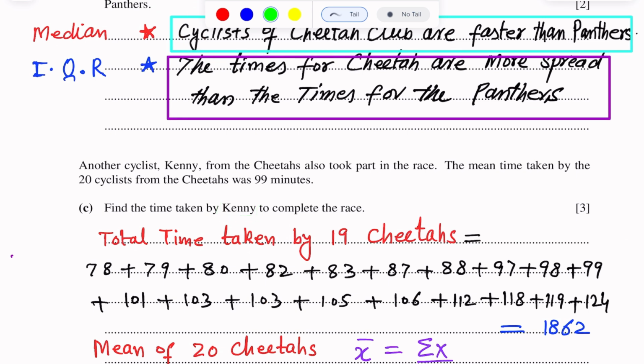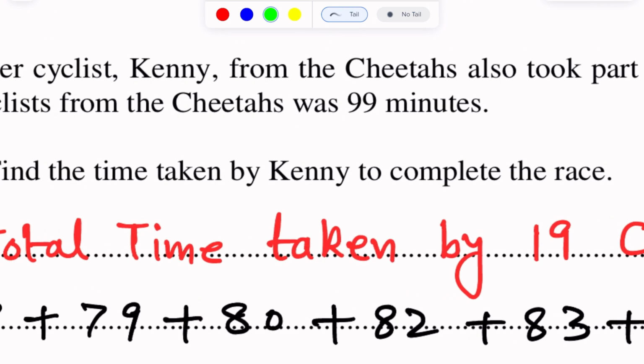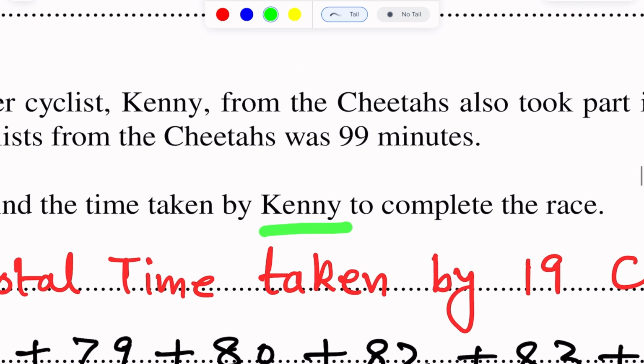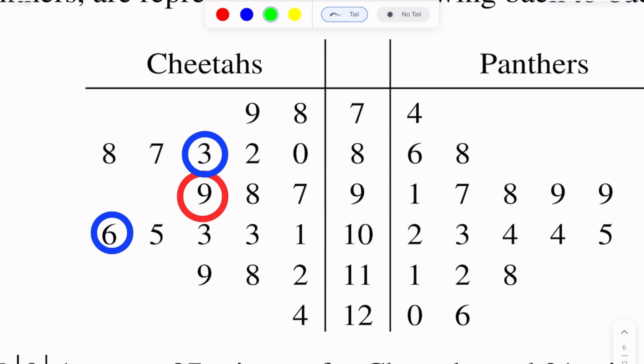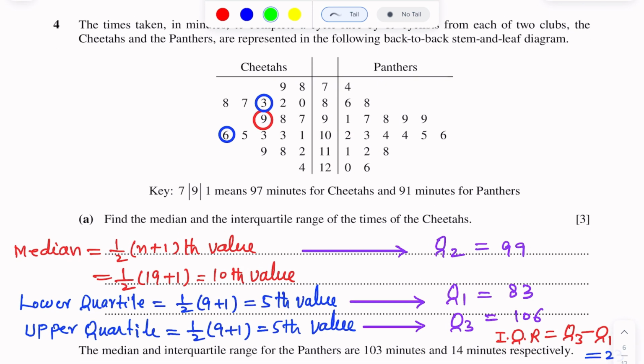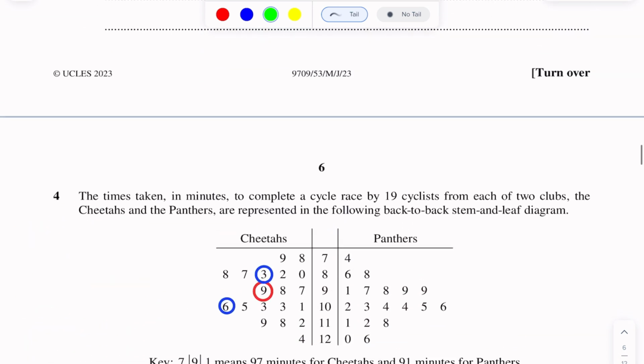So first of all, this is for the Cheetah Club. First of all, we have to find the time taken by Kenny. So we find the sum of all, the total time taken by the cyclists of Cheetah Club. We will add these values according to the key.